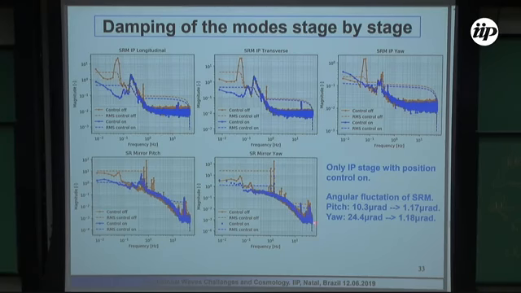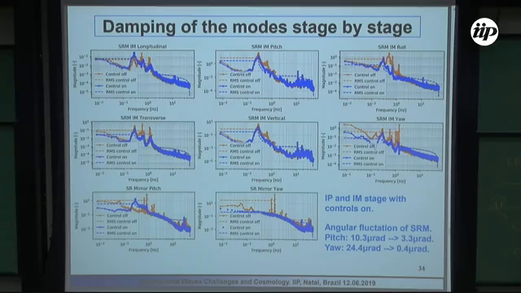But what I want to show is that if we close the loop only on the inverted pendulum, the angular fluctuation of the pitch that we can measure here goes from 10 to 1 microradian, and the yaw goes from 24 to 1.18 microradian.